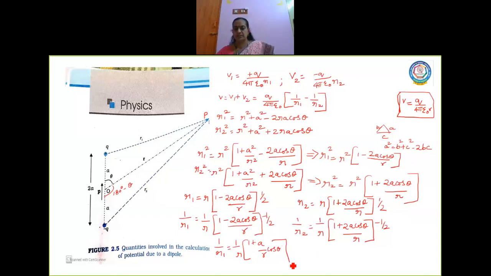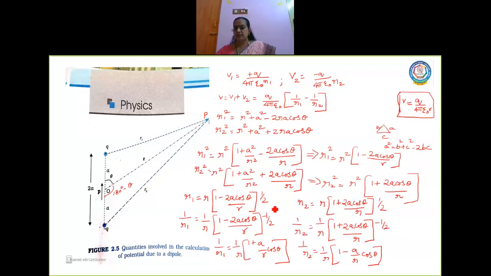Now this is using binomial theorem and neglecting all the terms, we restrict to the first term alone. Similarly, I have here for 1 by r2 equal to 1 by r into 1 minus a by r cos theta. So I have arrived at the value of 1 by r1 and 1 by r2.